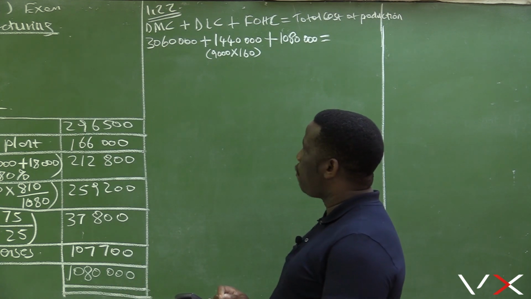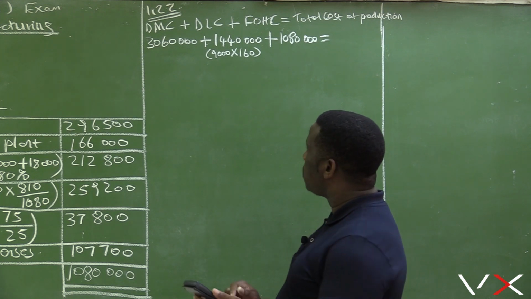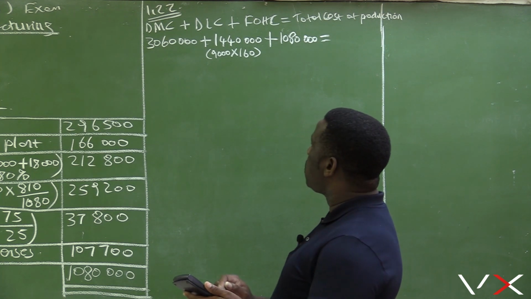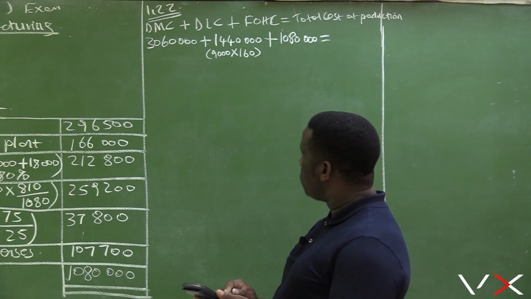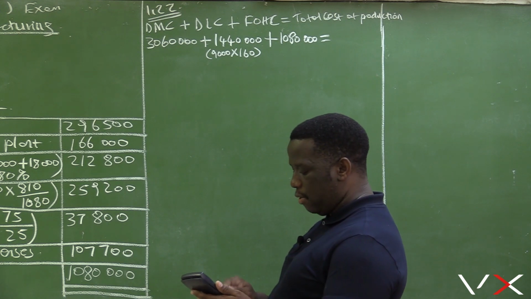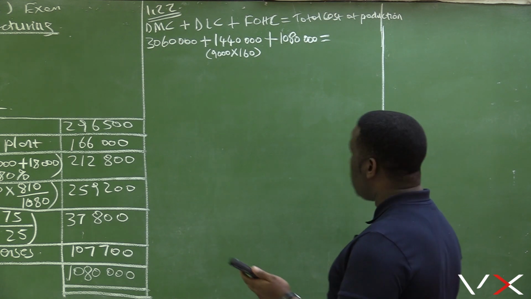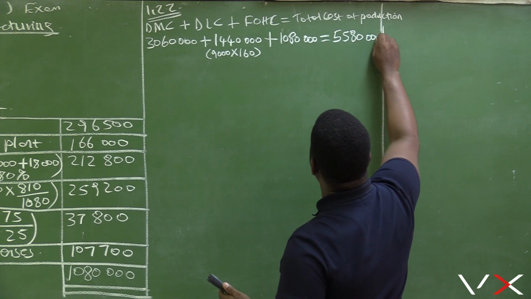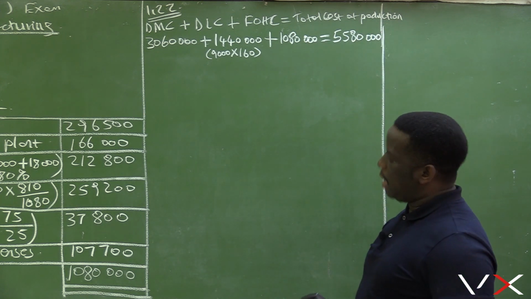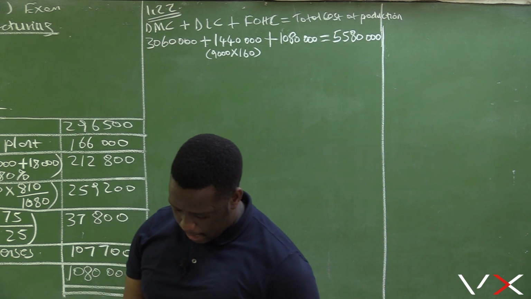So the total cost of production will be 3,060,000 plus 1,440,000 plus 1,080,000, which is 5,580,000. So the total cost of production is 5,580,000.